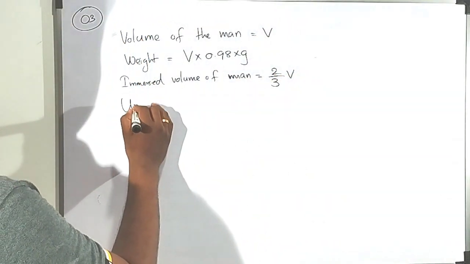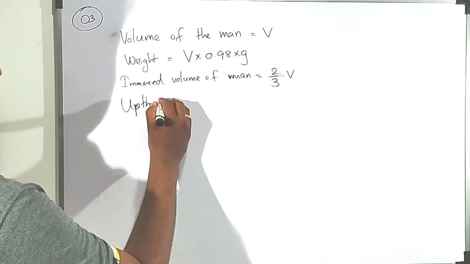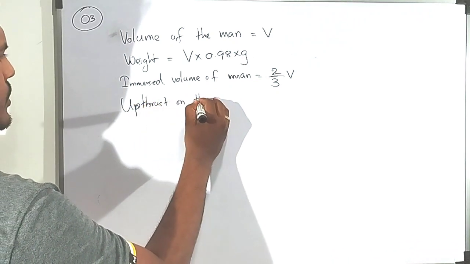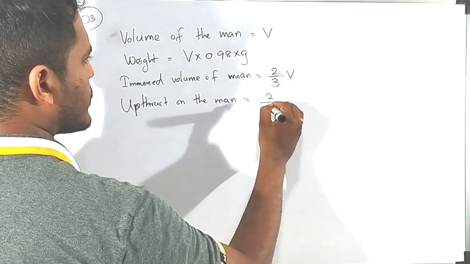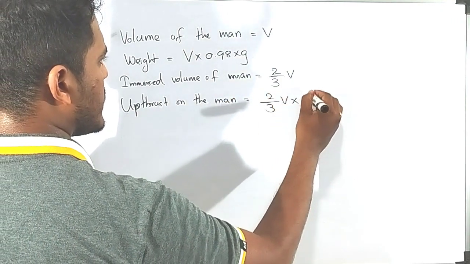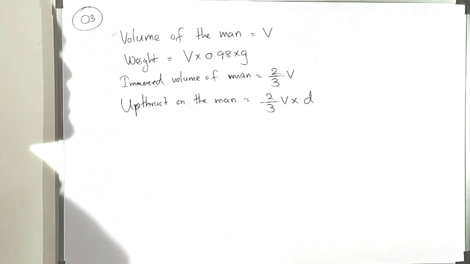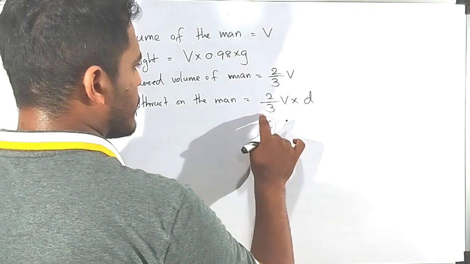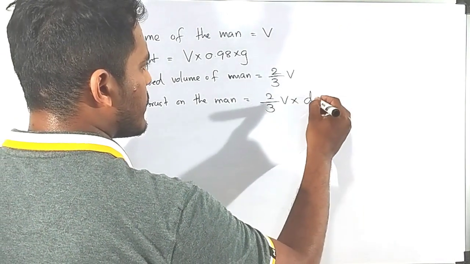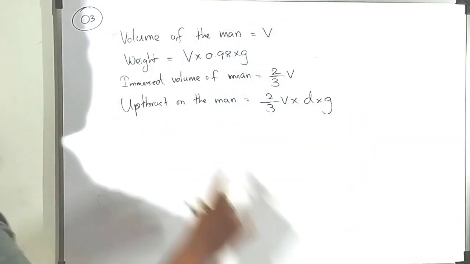The upthrust on the man equals the immersed volume 2/3 V, into the density of water, which we assume is D, into g. This will be the upthrust.